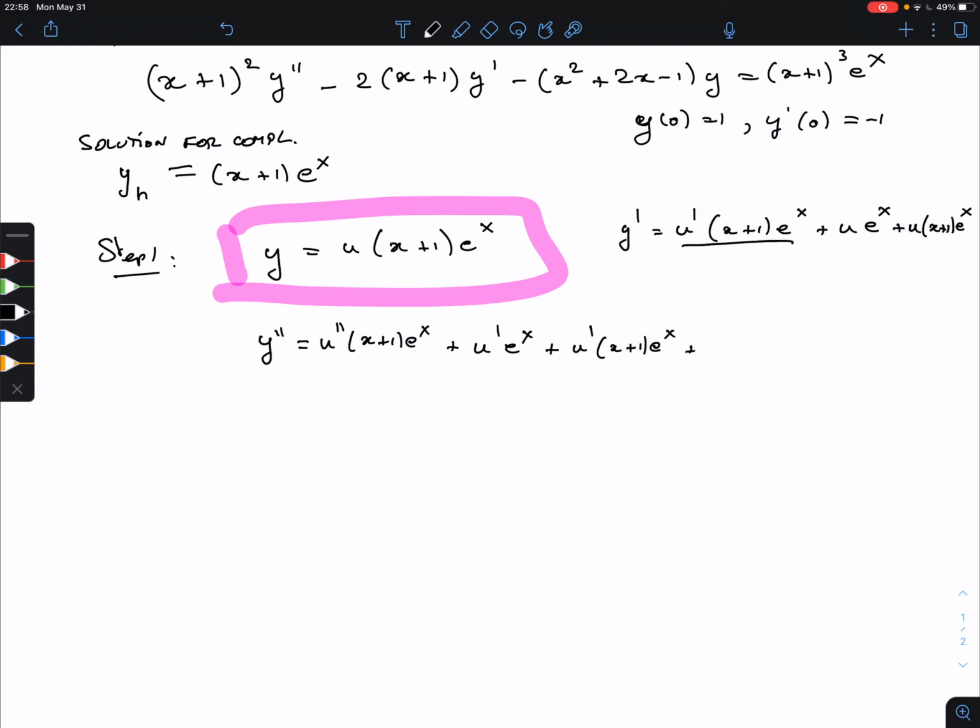Now that one is a bit quicker. That's u prime e^x plus u e^x. And then the last one, the derivative of the first is u prime (x plus 1) plus e^x, plus u e^x plus u (x plus 1) e^x.